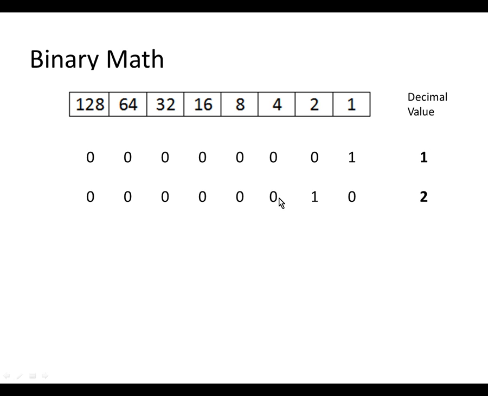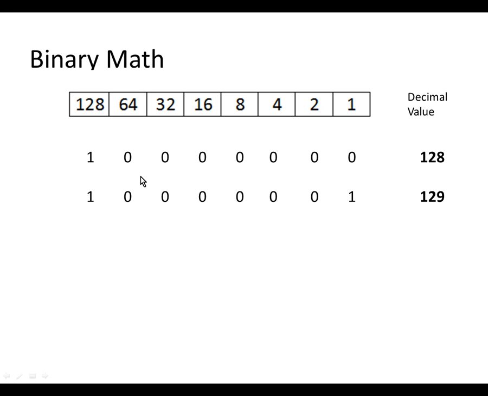If we have 6 zeros, a 1 and a 0, that represents the number 2 because it indicates we just have a single 2. If we have 6 zeros and 2 ones, that represents the number 3 because we have a 1 and a 2. If we have 5 zeros and 3 ones, then that represents the number 7 because we have a 1 and a 2 and a 4.